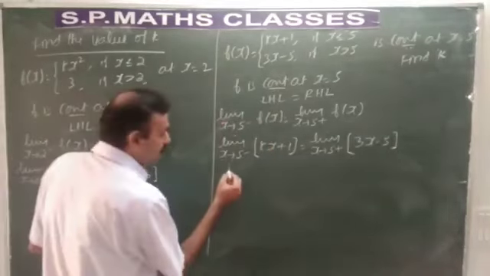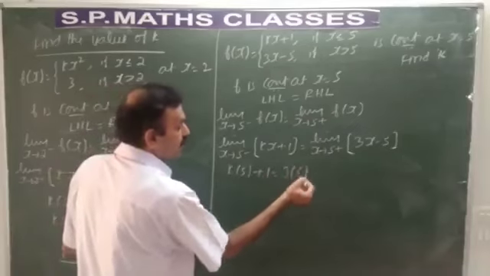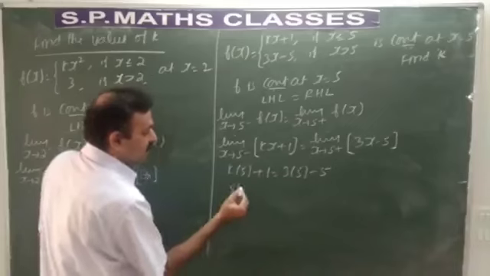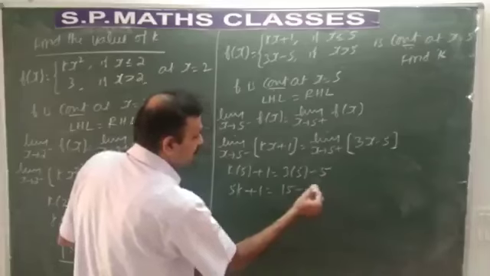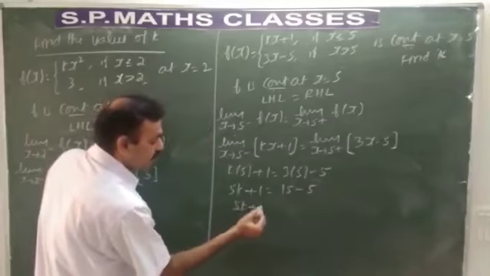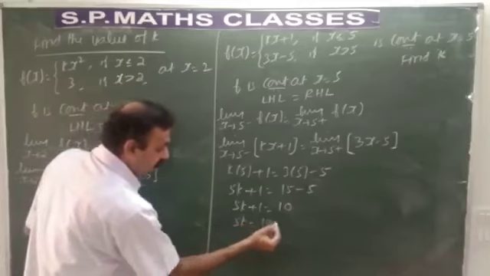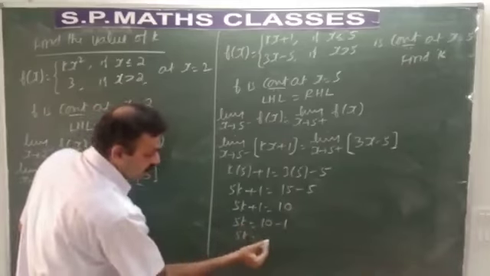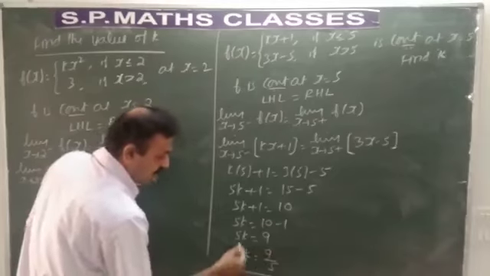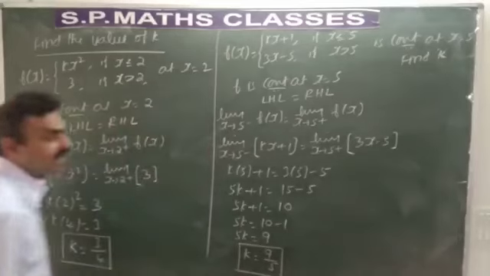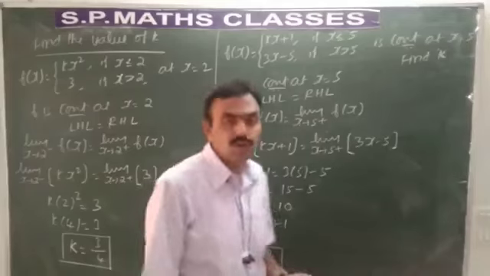So apply the limits now. k into 5 plus 1, 3 into 5 minus 5. 5k plus 1 is equal to 15 minus 5. 5k plus 1 is equal to 10. 5k is equal to 10 minus 1. 5k is equal to 9. k is equal to 9 by 5. So value of k is 9 by 5 if the function is continuous at x is equal to 5.